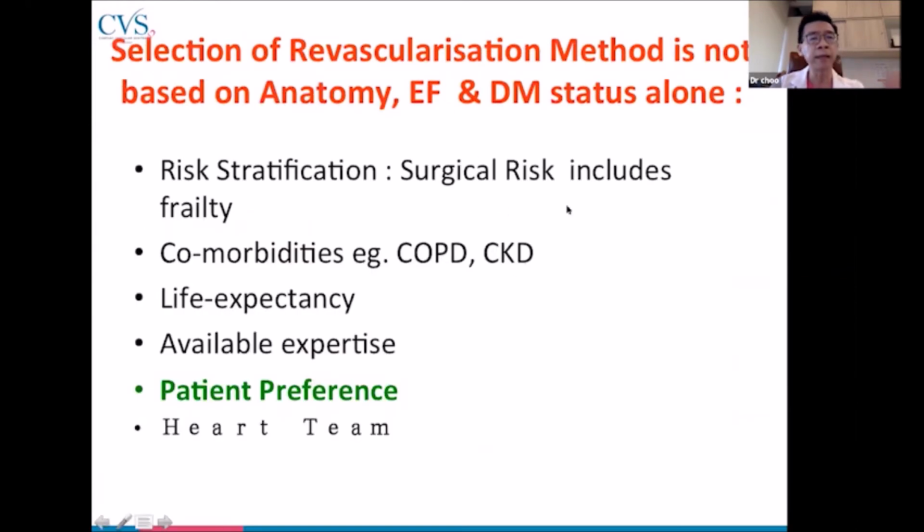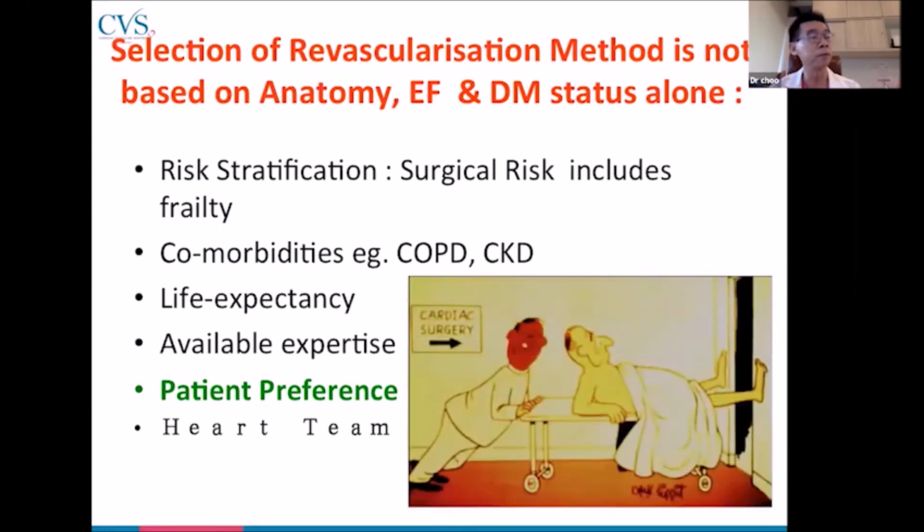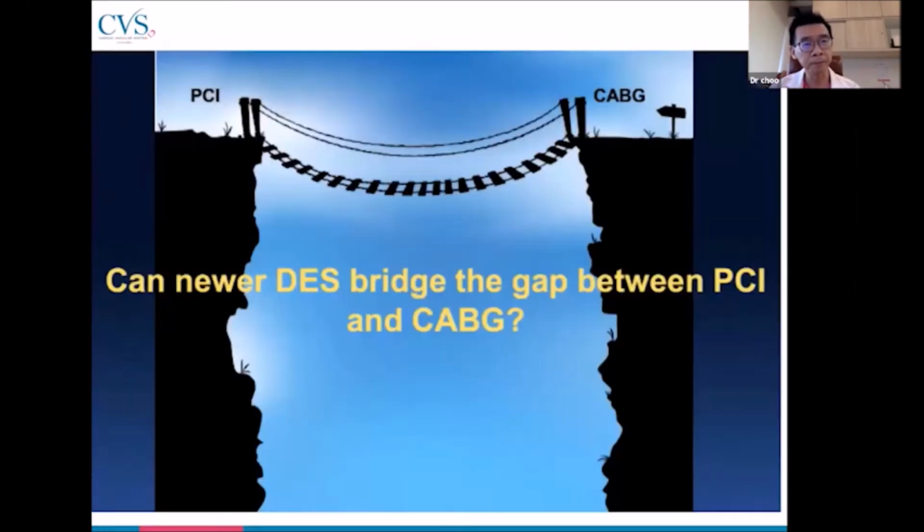So we have to look at the scientific evidence, but also look at the available expertise locally. Now there is a concept in hospitals like Heartology and CVS. We have a team effort where we come together and discuss what is best for the patient. This is called the heart team. But of course, the patients must be in the know and they are the ones to decide whether they want to go into the operating room or not.